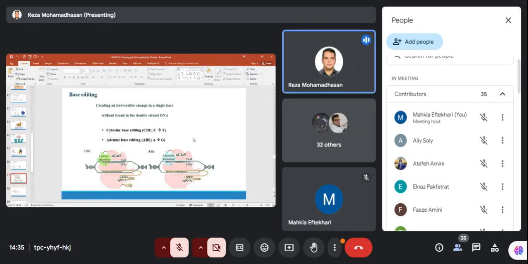Usually, we change cytosine and adenine to, I forget the name, sorry. Change C to T and A, adenine, to guanine.